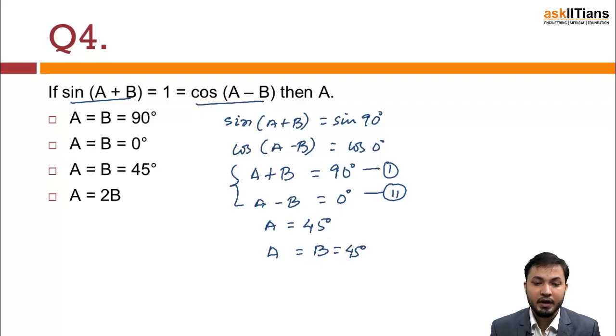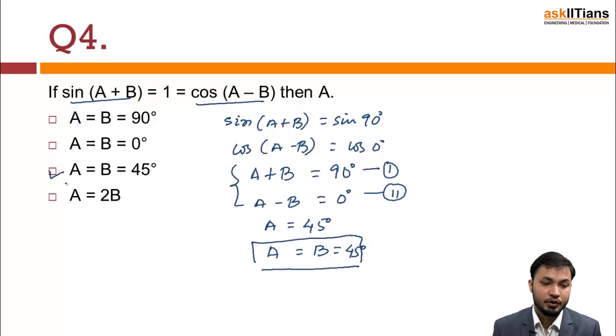It becomes a linear equation of two variables, and we solve this simultaneously and we get this answer. So this is our fourth question solution, and this shall be my answer.